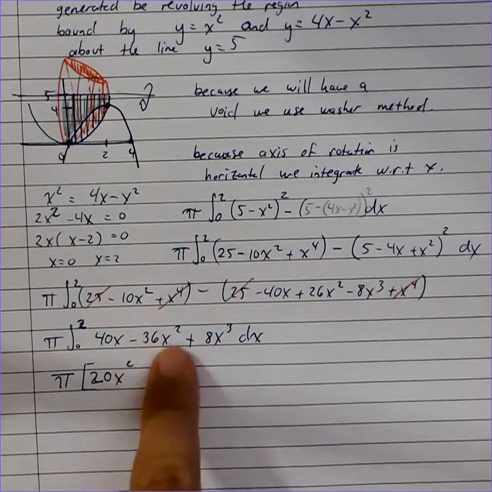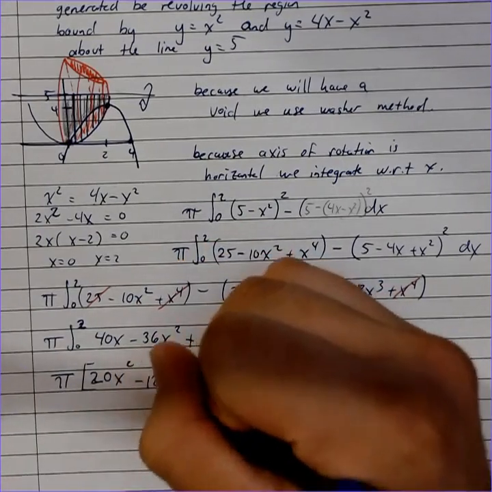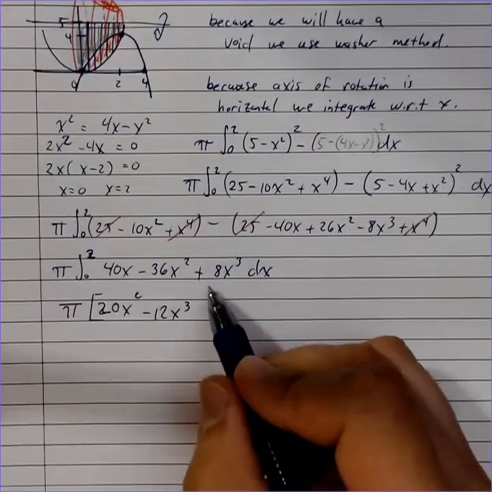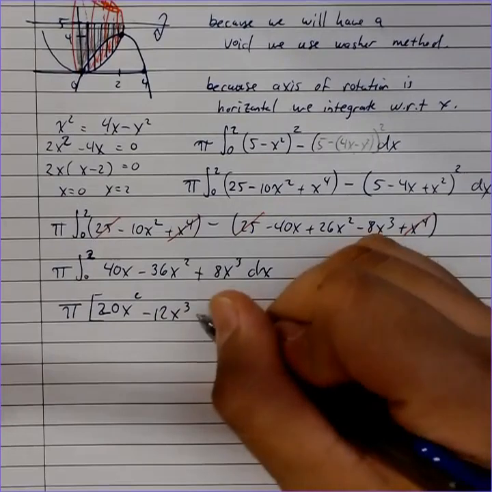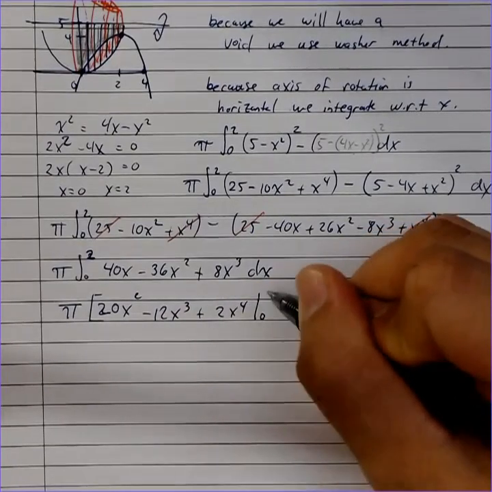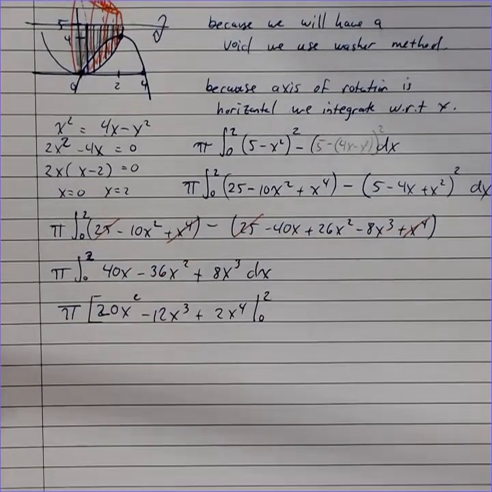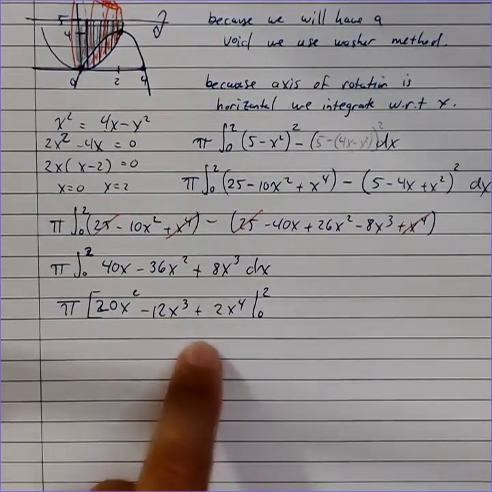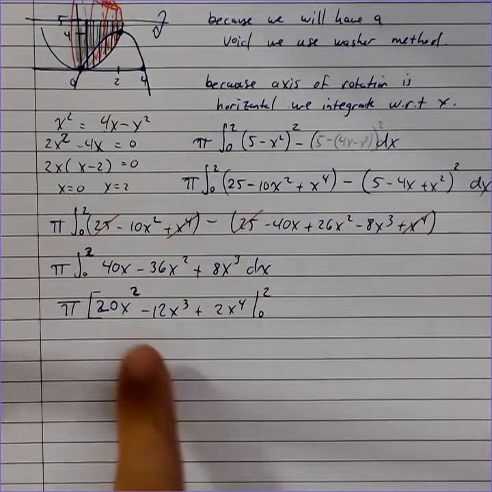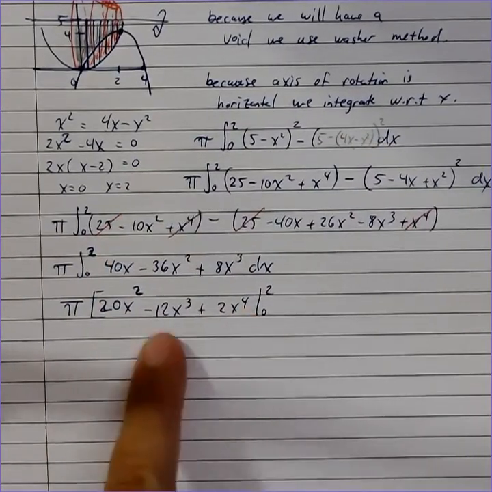Integrating negative 36x squared will give us negative 12x to the third. And integrating 8x to the third will give us 2x to the fourth, and that's all evaluated from 0 up to 2. Obviously, plugging in 0 into all of these makes them 0. So we'll just worry about the 2 now.